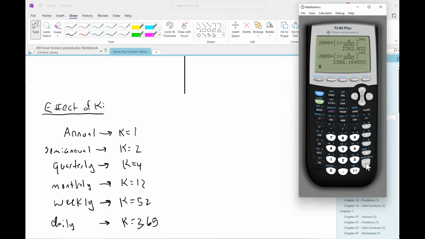About $6. Call it small, right? So we've gone up to 2388. Changing it to semi. What if we change this to quarterly? So we got about $6 difference. Do you think it's going to be more or less than the 6? More? Let's see. Went up, got $3 improvement.